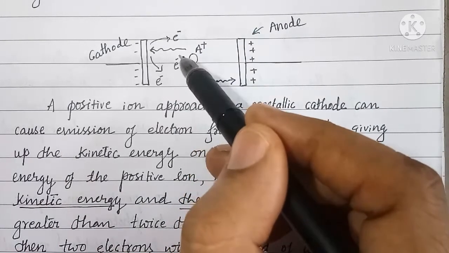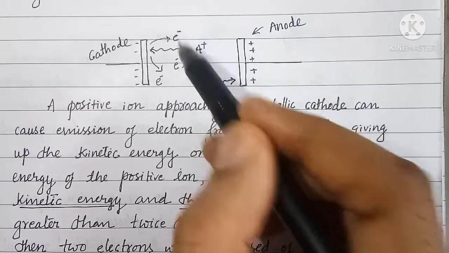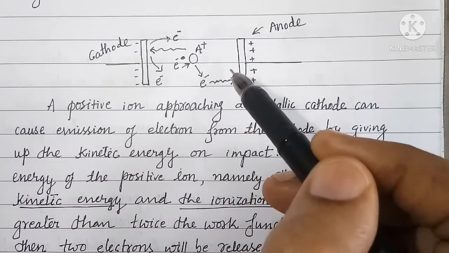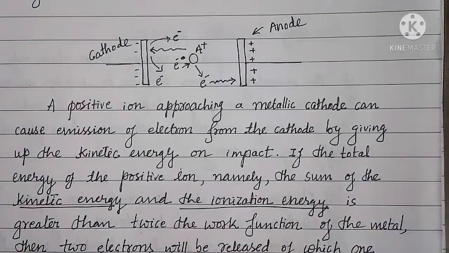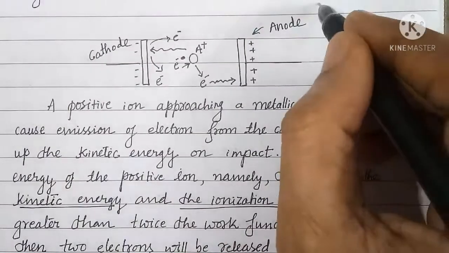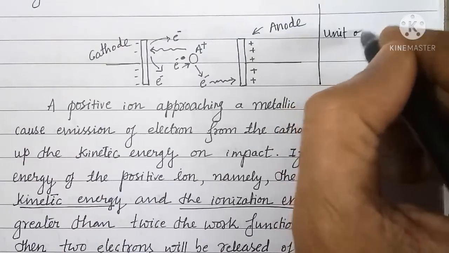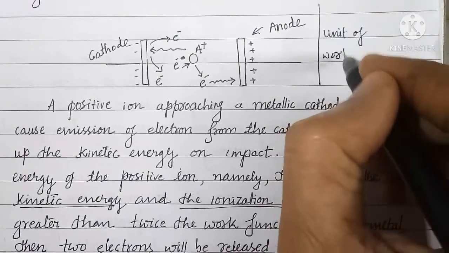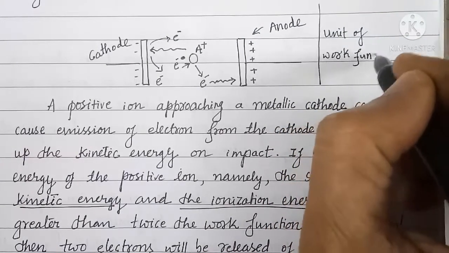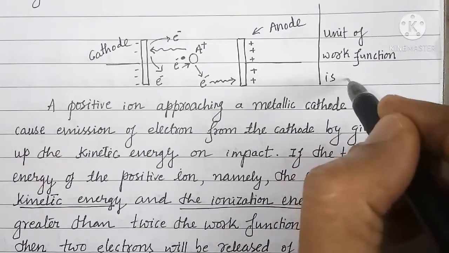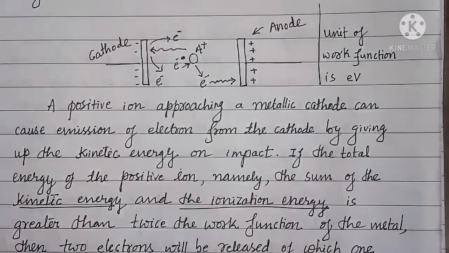If it is slightly higher than 1 work function, then only 1 electron will be released. And the work function is measured in terms of electron volt. The unit of work function is what? I hope these things you have studied in your 11th or 12th standard. eV, that is electron volt.